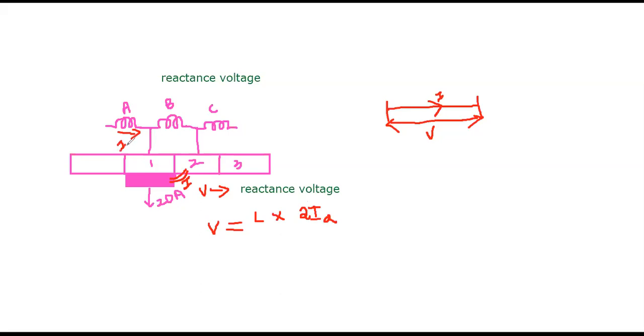Phase A will give IA as the armature current, which we assume is 10 ampere, and phase B will produce another IA, which we assume is 10 ampere.